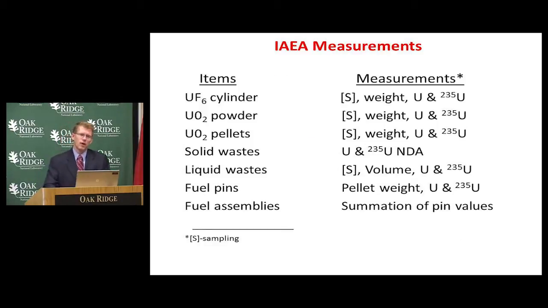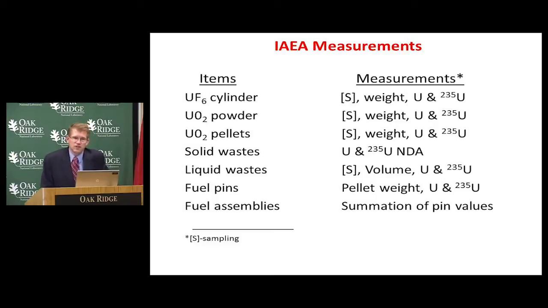What are some typical measurements that the IAEA may provide at a fuel fabrication plant? Earlier we listed many of the different forms and containers you might expect to see if you visit a fuel fab. The UF6 cylinders, UO2 powder, pellets, solid and liquid waste, the fuel pins, and the assemblies in storage and processing areas.